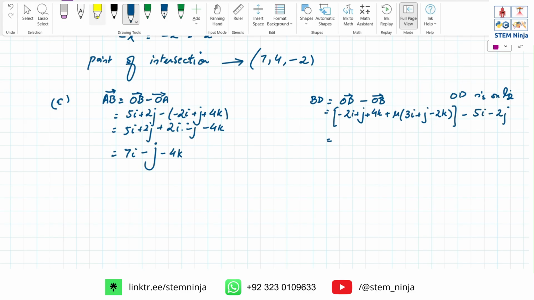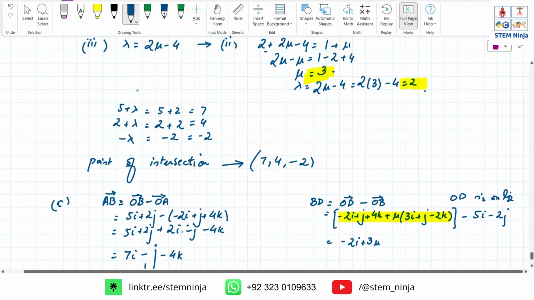So we will simplify this by first multiplying the mu inside, then adding the I and J components together.